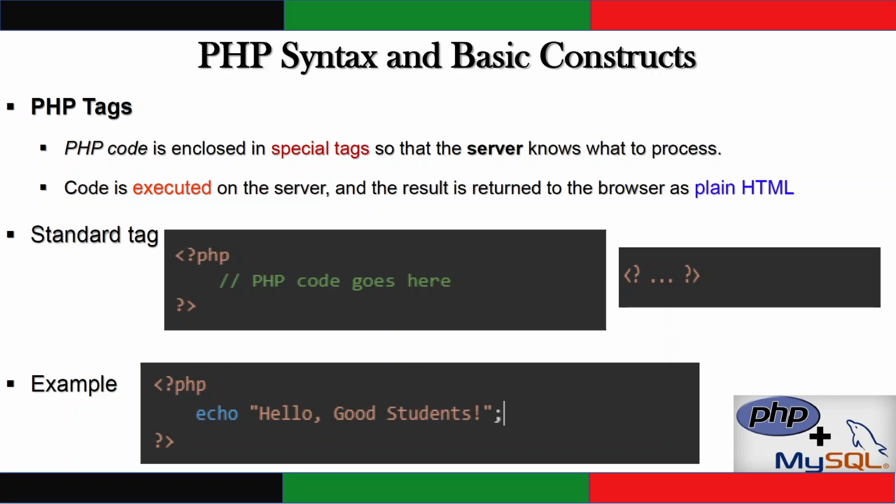That's going to be your open tag. Then when you have to close it, you put the question mark again and then the right angle bracket. Or if you don't want to put the word PHP, make sure that there is the left angle bracket and then a question mark at the start. Then at the end, there should be a question mark and then a right angle bracket. That is going to form your PHP tag.